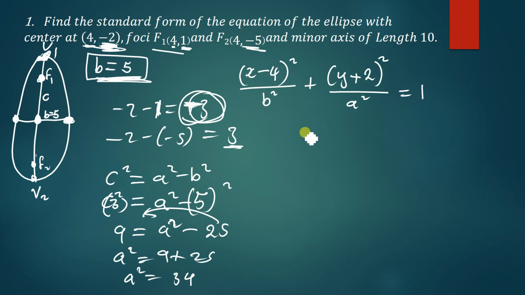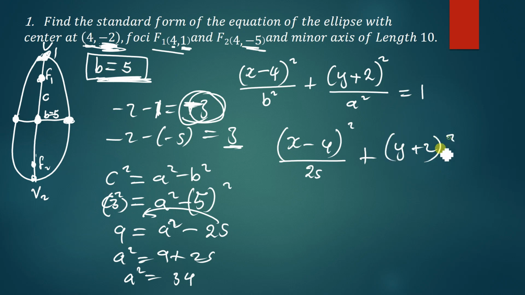So here the equation will be: x minus 4 squared over b squared, and b squared is 25, and y plus 2 squared over a squared, where a squared is 34, so you put your 34 there, and this is equal to 1.